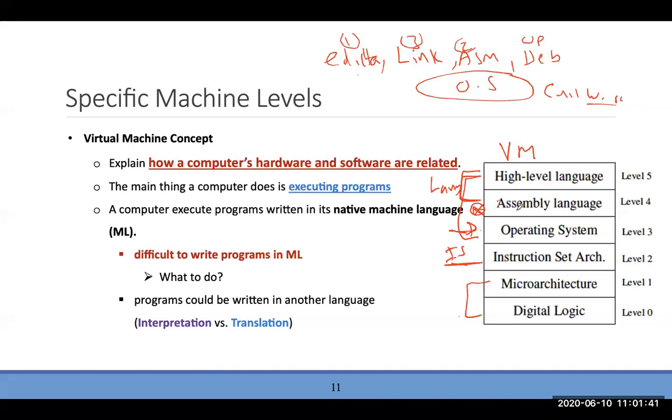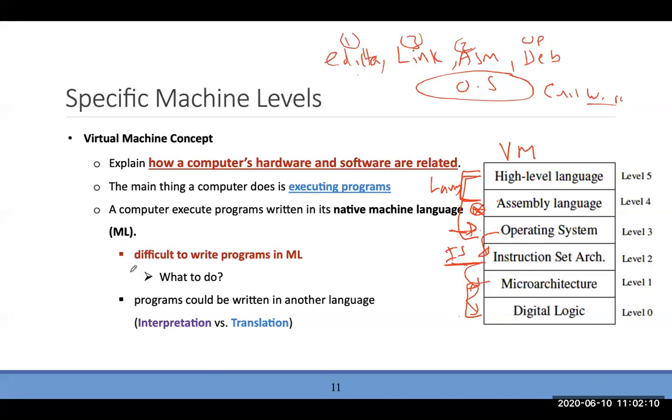If you are using your Mac, in fact, you're using Microsoft Windows because you're going to create a virtual machine, and the operating system has to be right there. And this operating system knows how to communicate with the instruction sets. And the instruction sets know how to control the microarchitecture. And the microarchitecture is going to operate the underlying logic, which is what we call right here the digital logic.